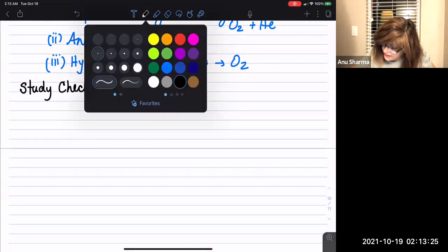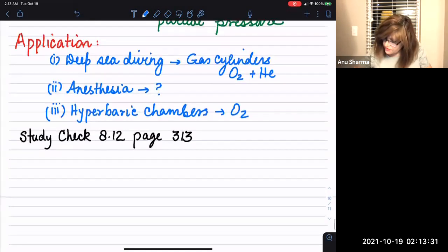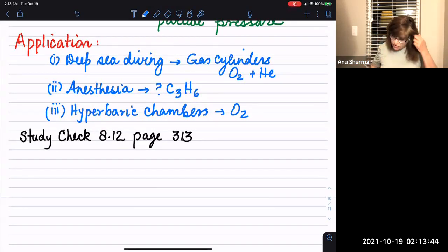Here we have an anesthetic that consists of a mixture of cyclopropane gas, which is C3H6, and oxygen gas.